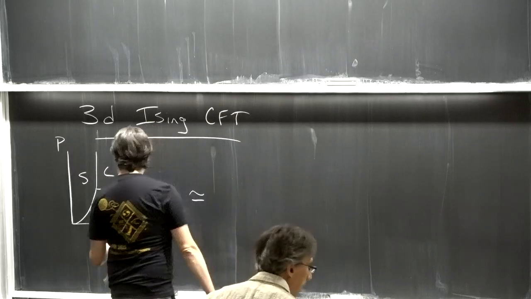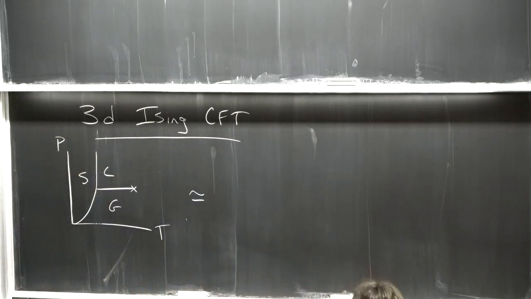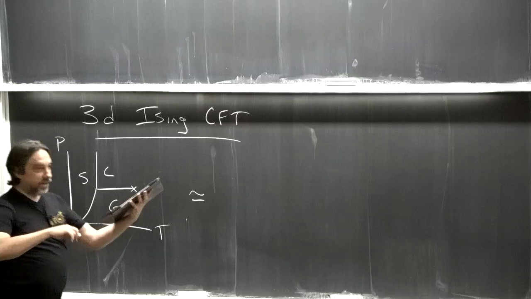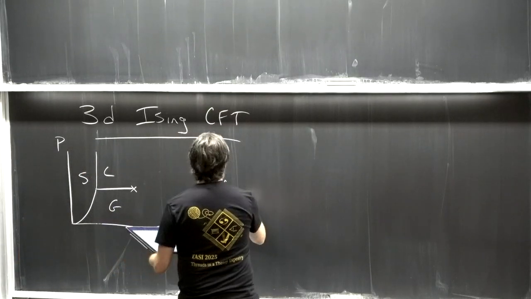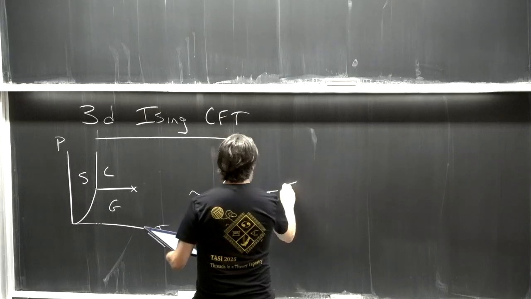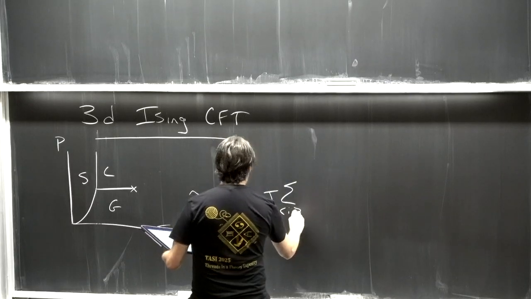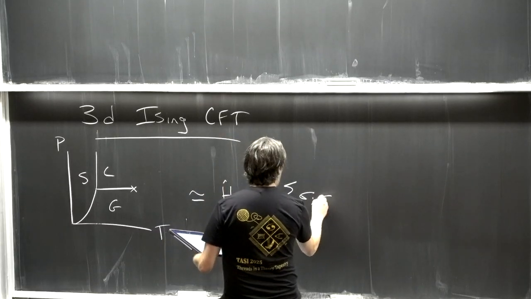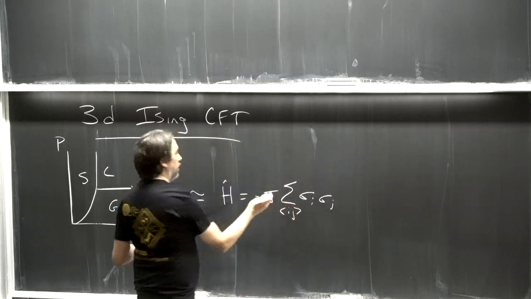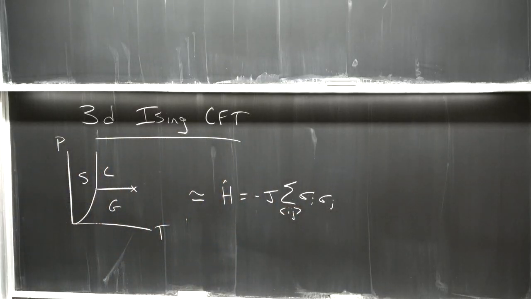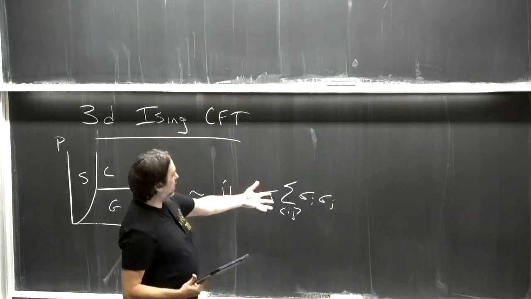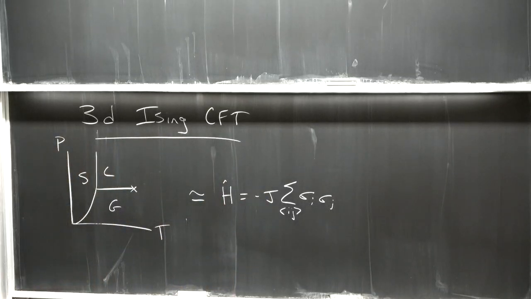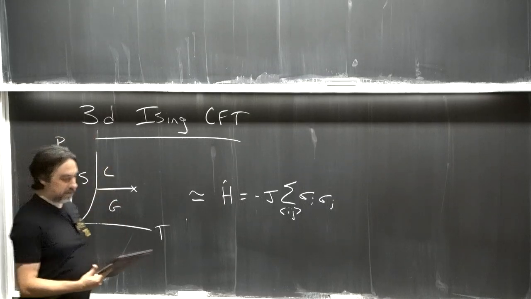Another way it's often realized is through a lattice system of interacting spins. You can write down some lattice Hamiltonian, which involves a sum over nearest neighbor interactions of some spins, which can either be spin up or spin down. In the continuum limit, this theory can be tuned to a critical point, and that's also described by the 3D Ising CFT.